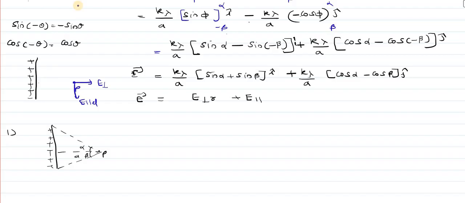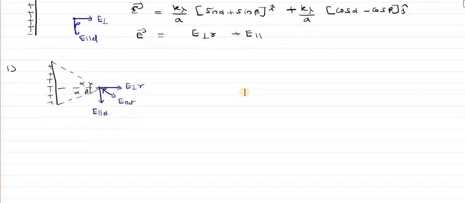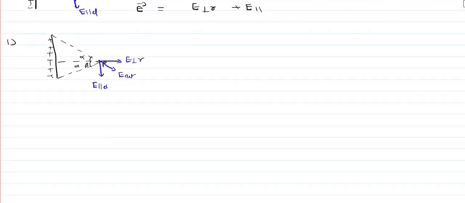Here is the electric field, two components. The net electric field is this way. What is the component? Perpendicular and parallel. Hope you remember this. Now first case is what?